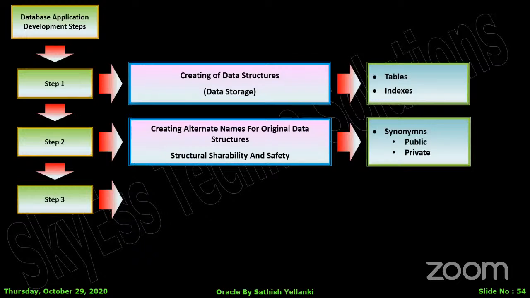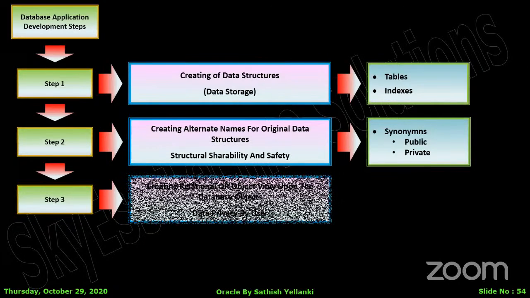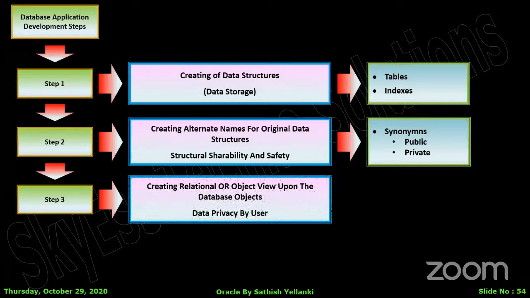Because for a particular person for whom the data is not essential to be viewed, if I'm providing it, it's a waste of time, resource, and above that, my privacy is lost. Therefore, the next fundamental step is creating relational or object views. Okay, we create relational or object views upon the database objects, which is for data privacy by the user.